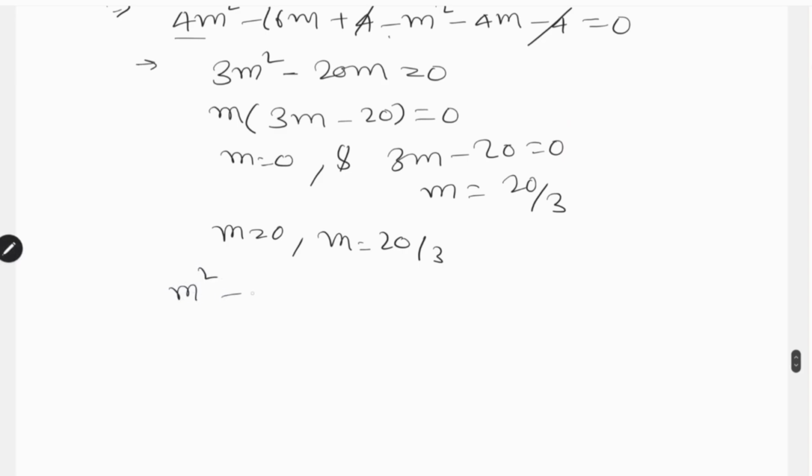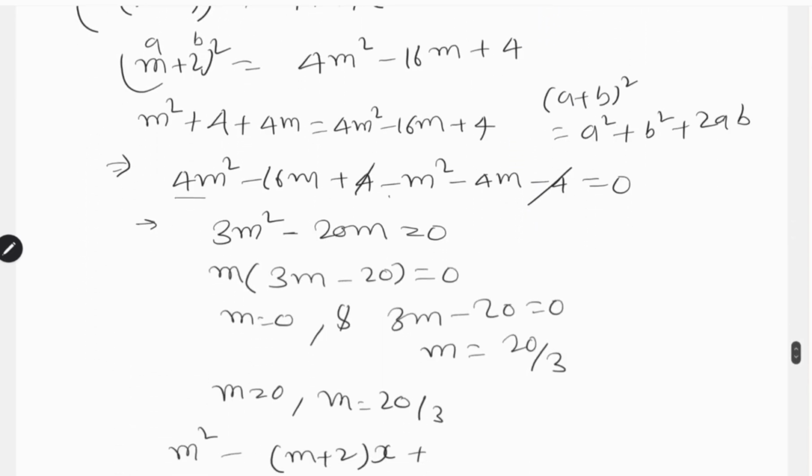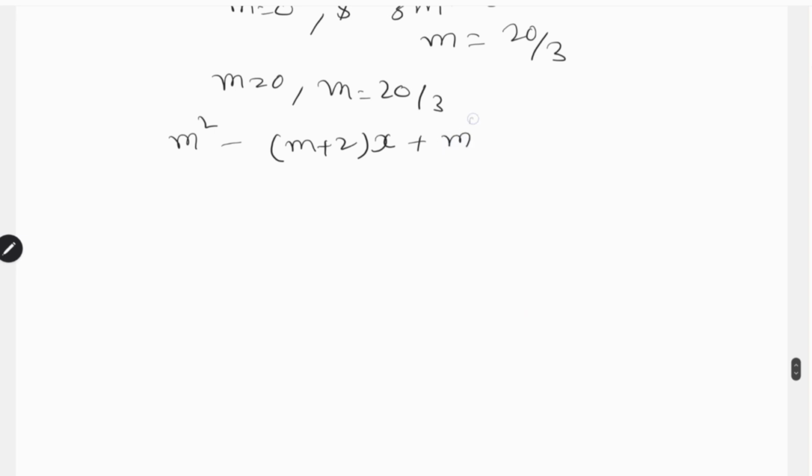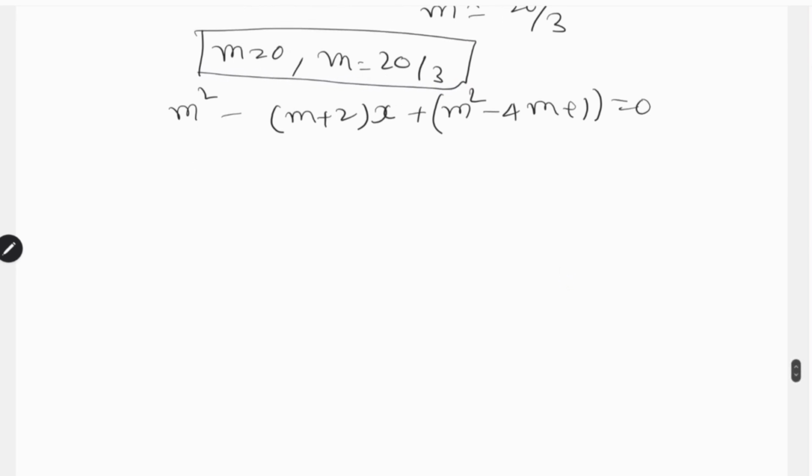What is the equation? m square minus (m plus 2) x plus m square minus 4m plus 1 equals 0. If m is equal to 0 and m equal to 20 by 3, then it satisfies the equation.